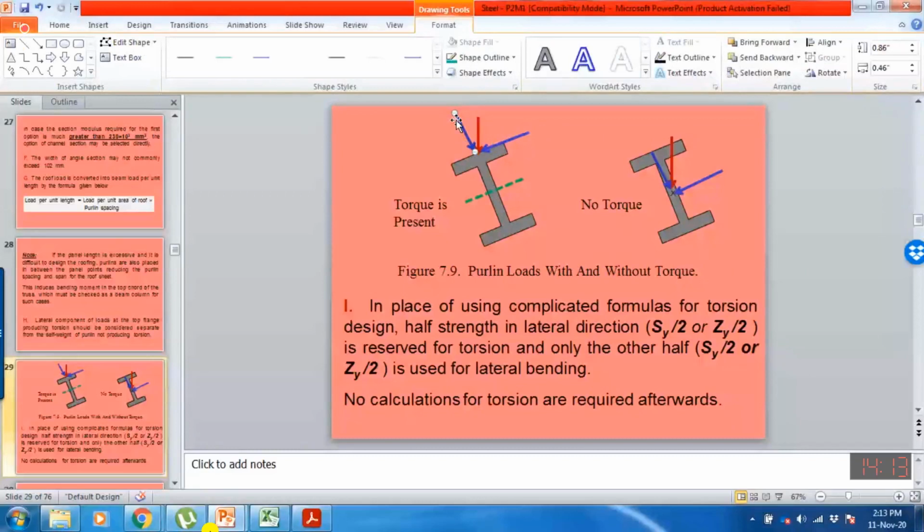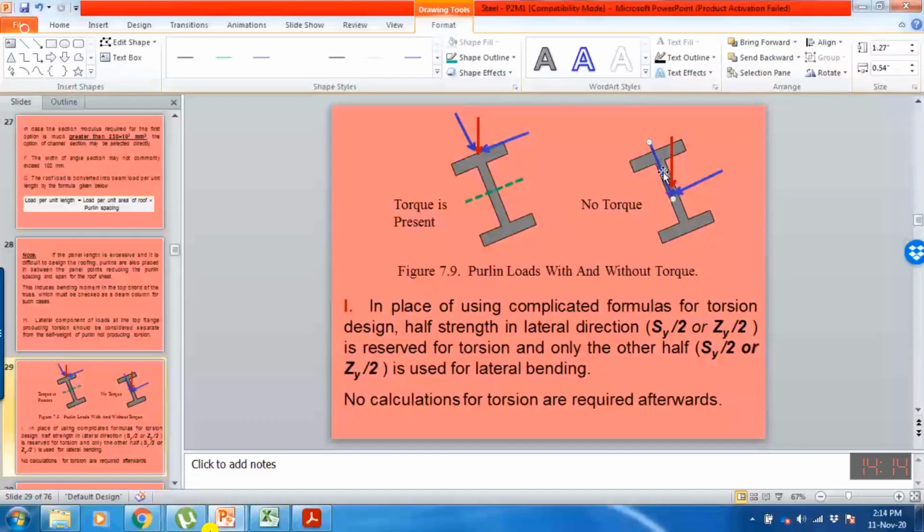But the self weight is not producing any extra stresses because both components of the self weight pass through the centroid. So we are assuming that the self weight is not producing any torsion.